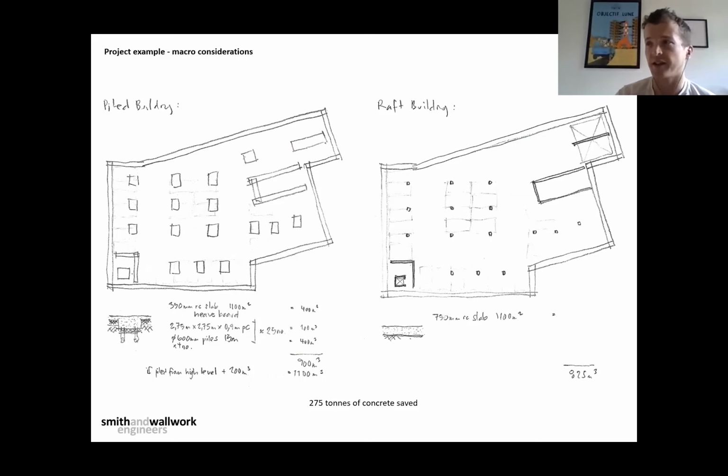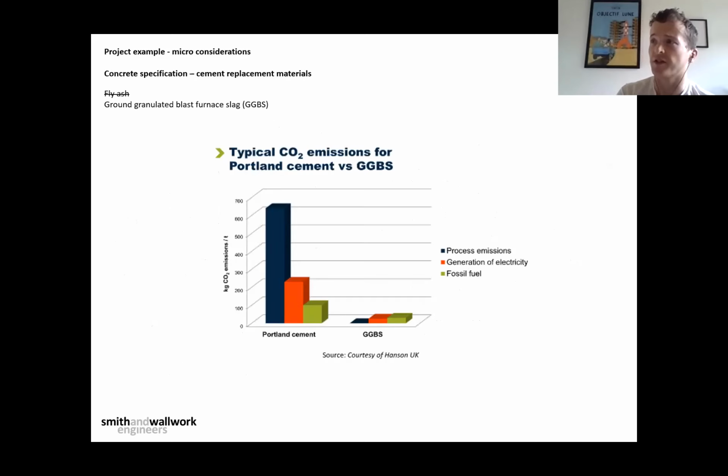And then as the next step, we looked at how we can make that concrete more environmentally friendly and reduce the embodied carbon of it. Obviously, it's a very carbon intensive material, but there are things you can do with cement replacement materials. I've put fly ash there on that slide, or crossed that out, because fly ash is a byproduct of the coal industry. So it's actually quite hard to get these days. Now we've phased out coal, but GGBS is quite a common one now. Most concretes will have a proportion of it in.